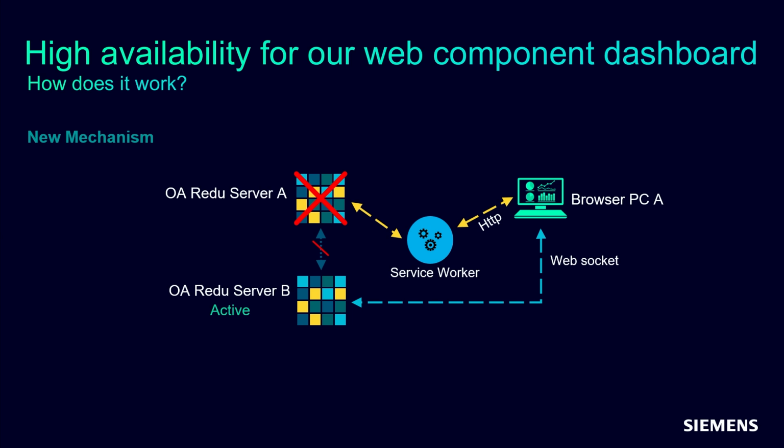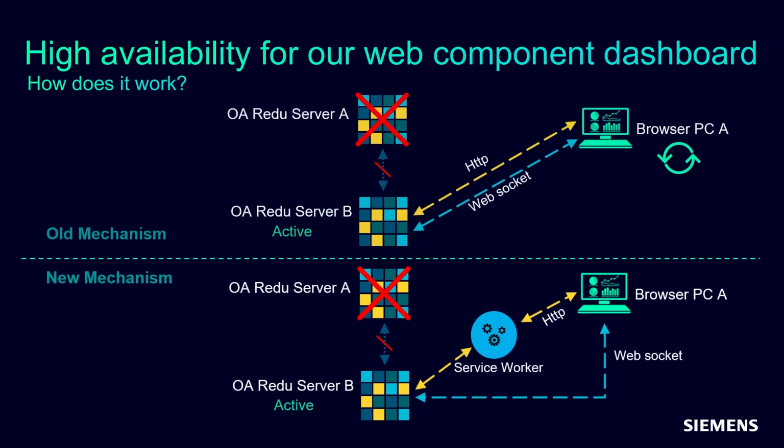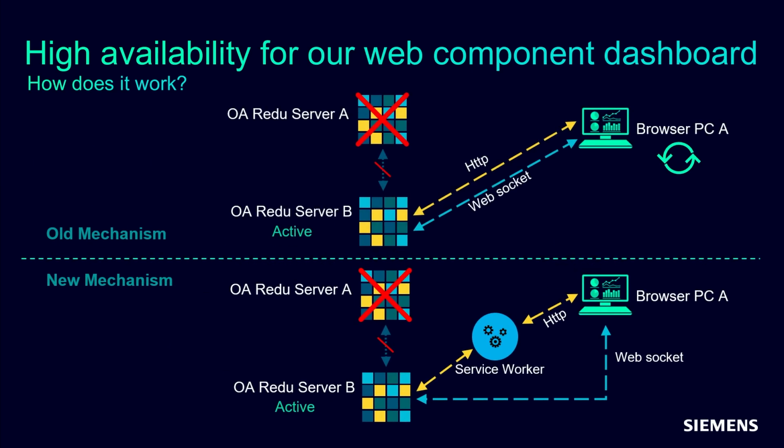And now in this new way, the service worker ensures that the HTTP connection also switches to server B. This means for the client side on the browser, you have a seamless reconnect without doing a page refresh. Let's compare these two ways. In the old way, you needed to do a page refresh, which is not very good from a user point of view. And in this new way, everything is running automatically in the same way as before.